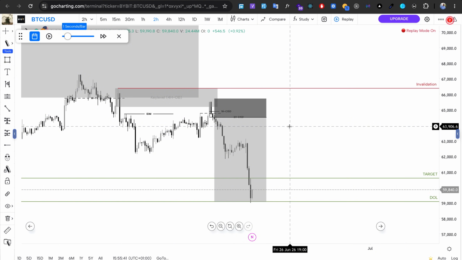Then after price got to our key level, we wait for a confirmation, which is a 2 hour CISD, right? And we've already determined our targets. I'll just draw it to our targets. So this is a 1 to 4 trade. I think that is on BTC.